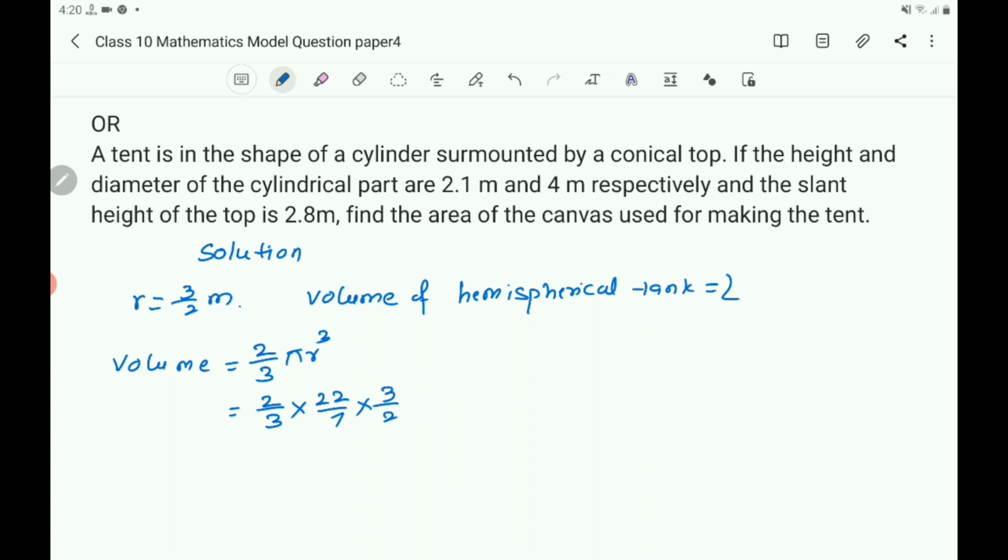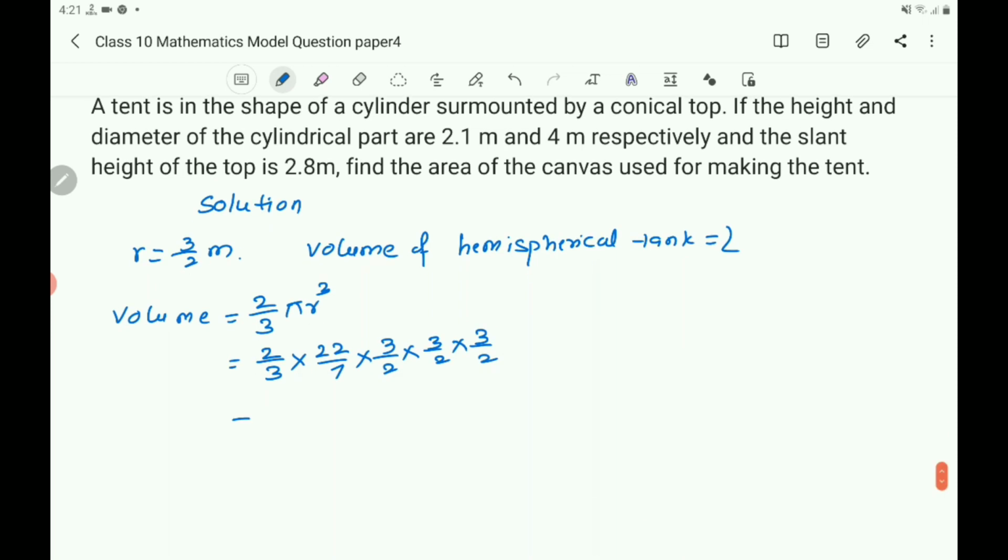So you write 22/7 into 3/2 into 3/2 into 3/2. Then it becomes 3 cancels, 2 cancels, and 2 ones are 2, 11s are. Then 11 into 3, 33. 33 into 3, 99.